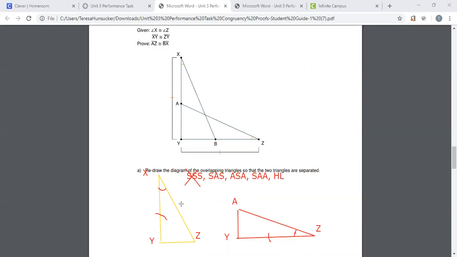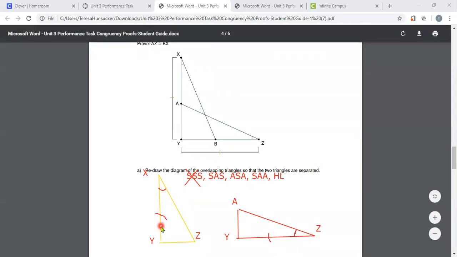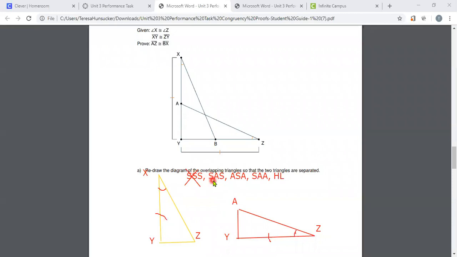Now, side, angle, side. Let's take a look. What sides could be congruent or would need to be congruent? So we have segment XY equal to ZY. We have angle X congruent to angle Z. So that's a pair of sides and an angle. Now we need another pair of sides.